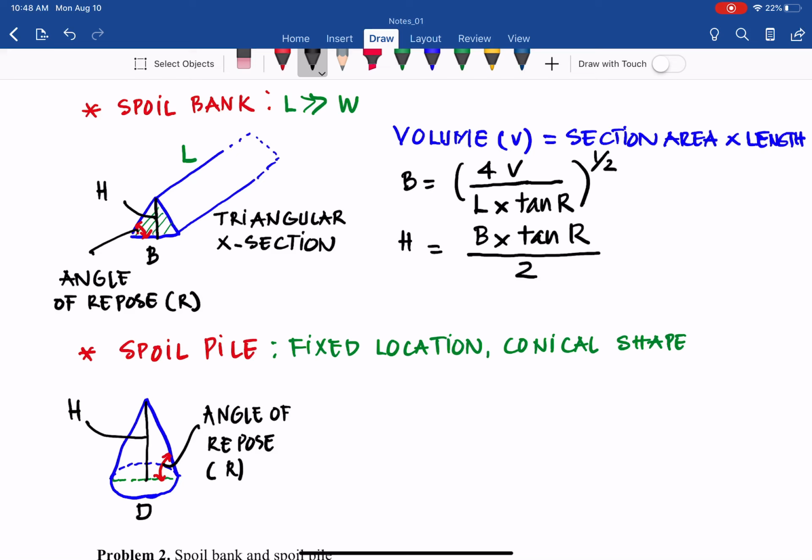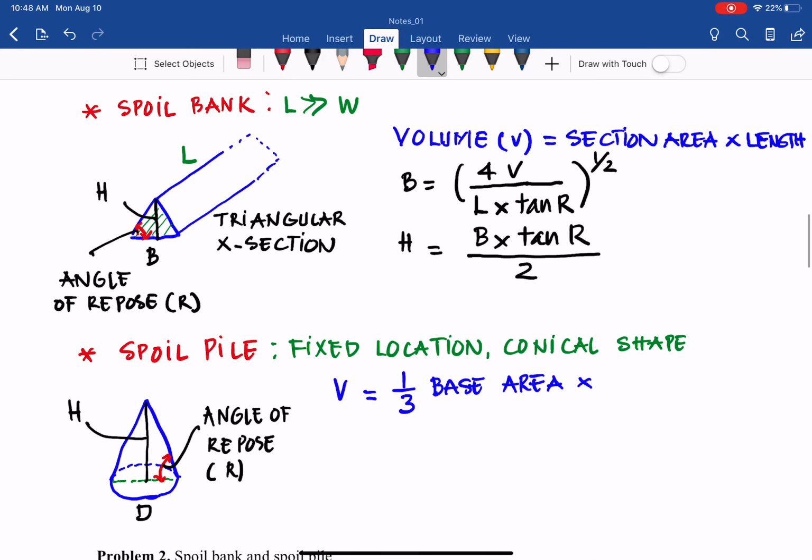So they have a relationship. In this case, as you can see, the volume for a conical shape equals 1/3 times the base area times the height.